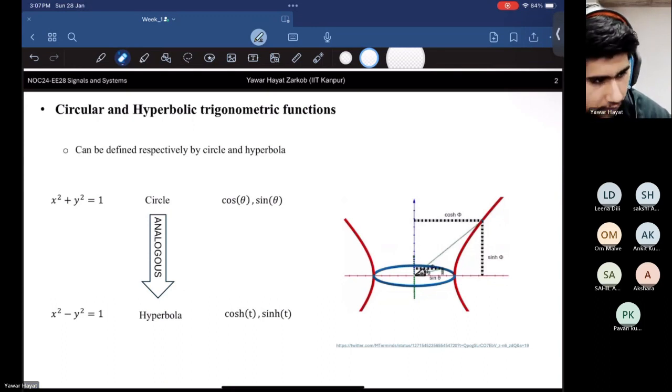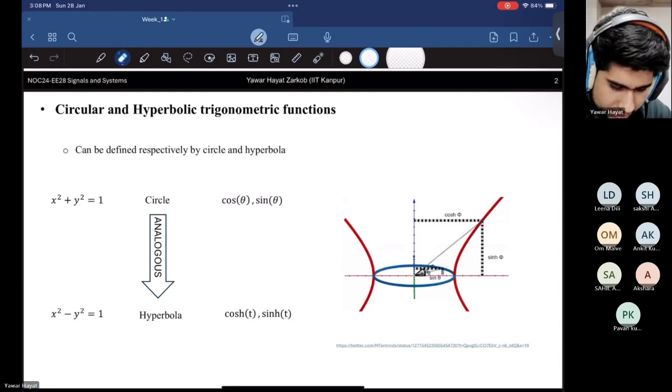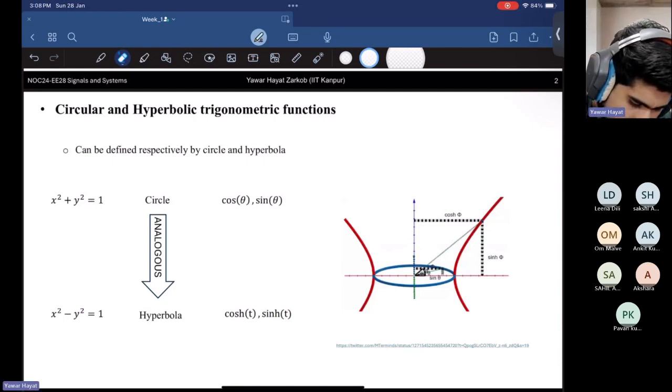So let's start with the circular and hyperbolic trigonometric functions. We know these trigonometric functions, and they can be defined using those well-known ratios of a right angle triangle. We all are aware of that. And we can also define them using a circle.